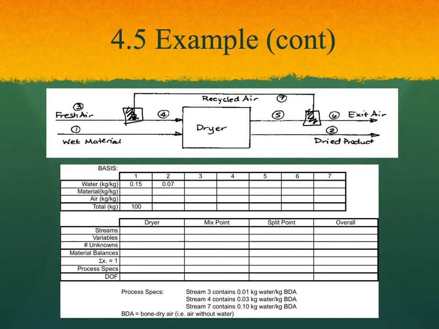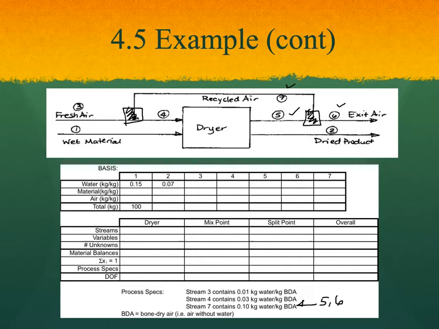A split point, remember, the composition of these 3 streams will all be the same. So as I fill out my table, that's going to change the way I interpret some of this information. And in particular, streams 5, 6, and 7 have the same information. And down here, I have stream 7. This also, therefore, applies to streams 5 and 6.